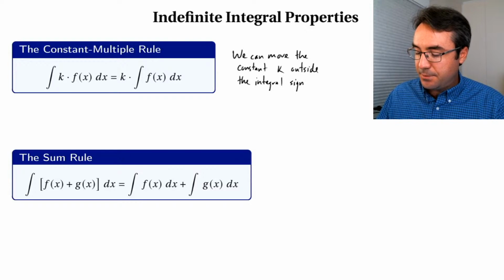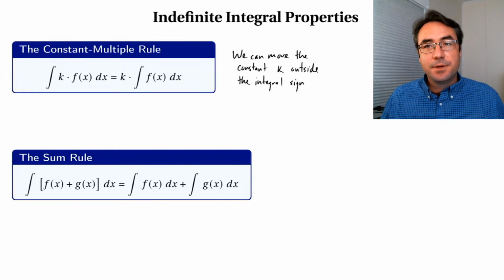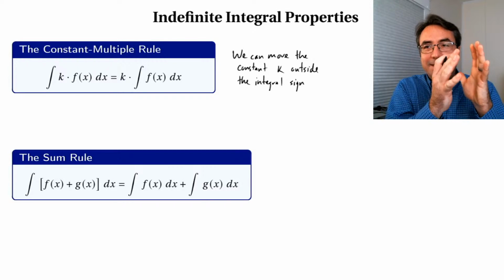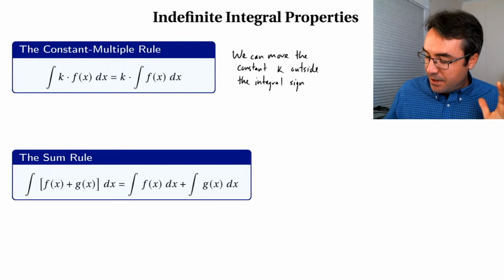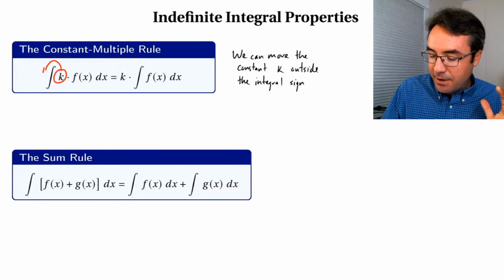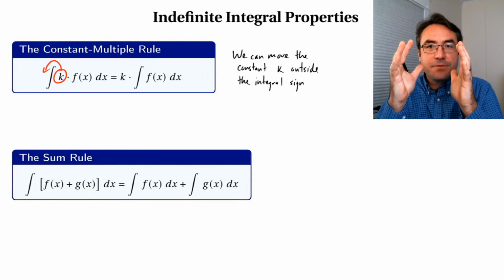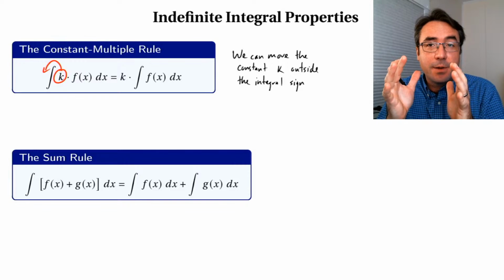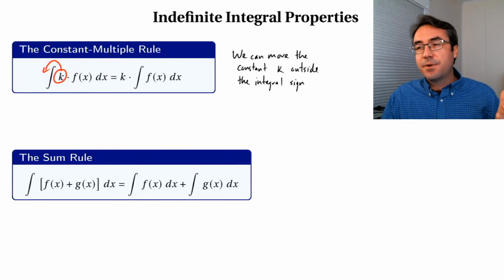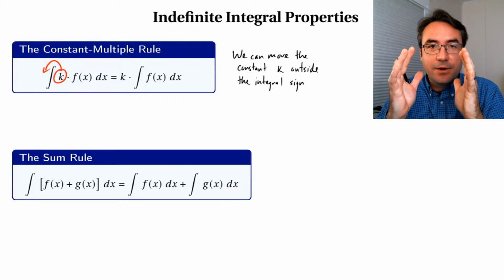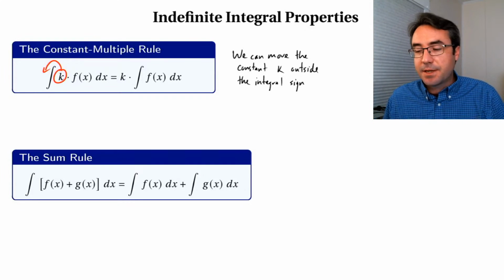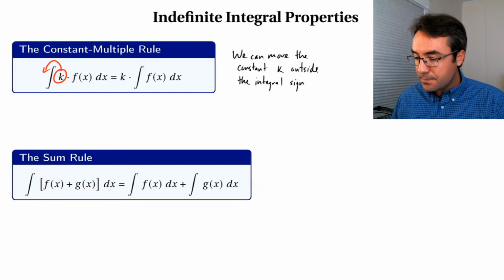And we had a very similar rule for derivatives. We could, instead of having that constant multiple in front and worrying about it, just move it outside of our focus here and just focus on differentiating the variable part. So same thing for integration. Let's get the constant out of there and just focus in on integrating the variable part. So that's the constant multiple rule.